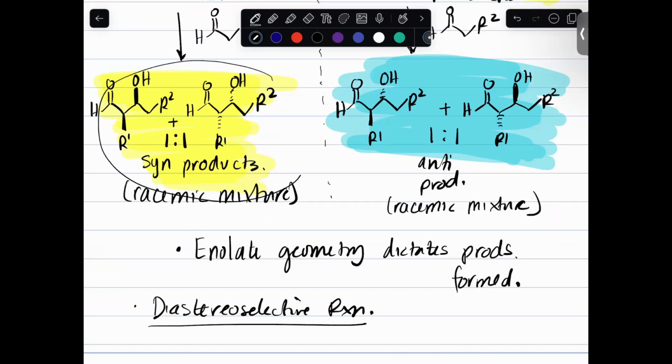You're forming two products over the other two diastereomers. Okay. So what we have to worry about is, how do I force my reaction to only form the Z-enolate? And how do I force my reaction to only form the E-enolate?